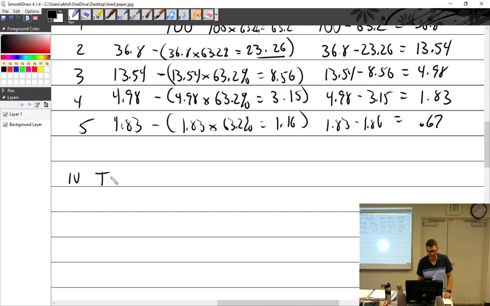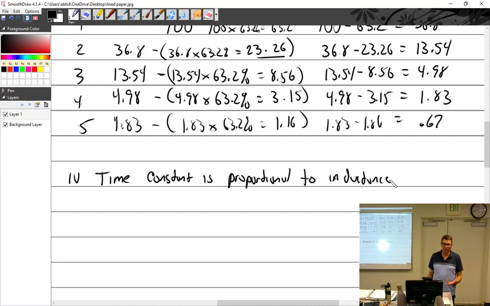All right, so time constant. Time constant is proportional to inductance. It takes 5 of them. How long is each one? I don't know, but the more inductance you have, the more henries, the longer each time constant is going to be, proportional to inductance.